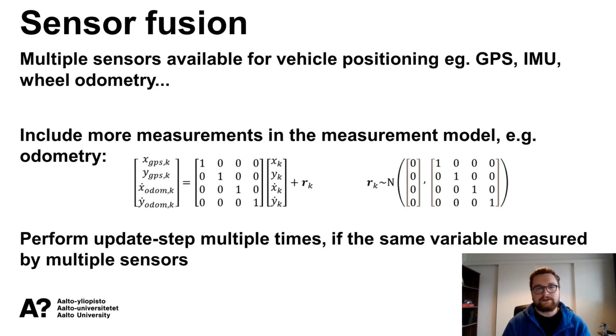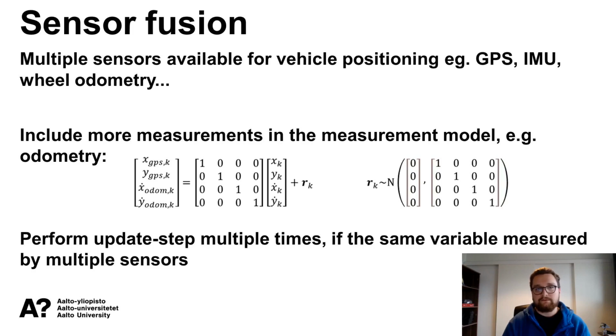In the example I was talking about, we only used GPS measurements, but the Kalman filter also inherently supports sensor fusion. It is an excellent tool for sensor fusion and widely applied.